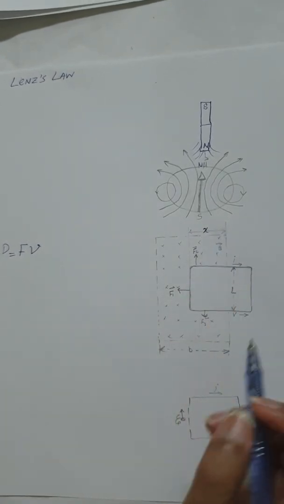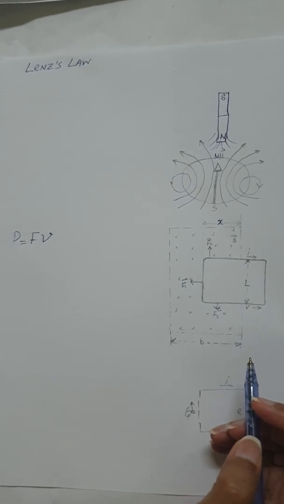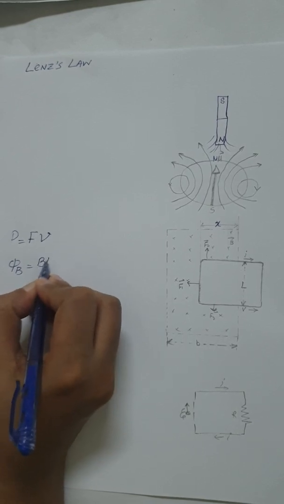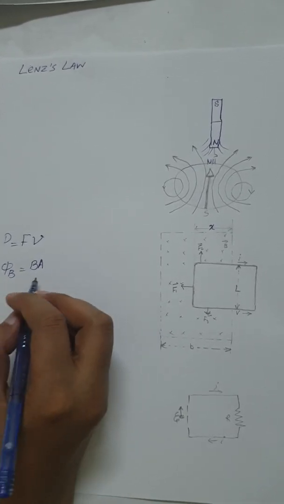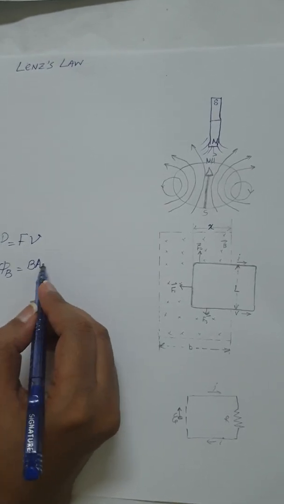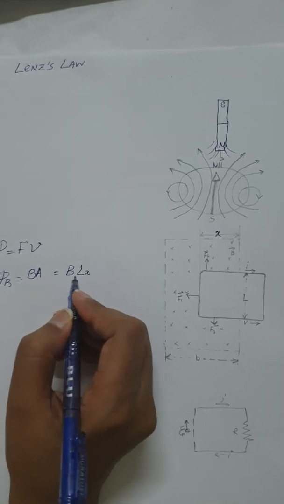Here this is the x. We know that magnetic flux is equal to BA, just as electric flux is equal to EA. Here magnetic flux is equal to BA, and the area is Lx, so this expression becomes BLx.